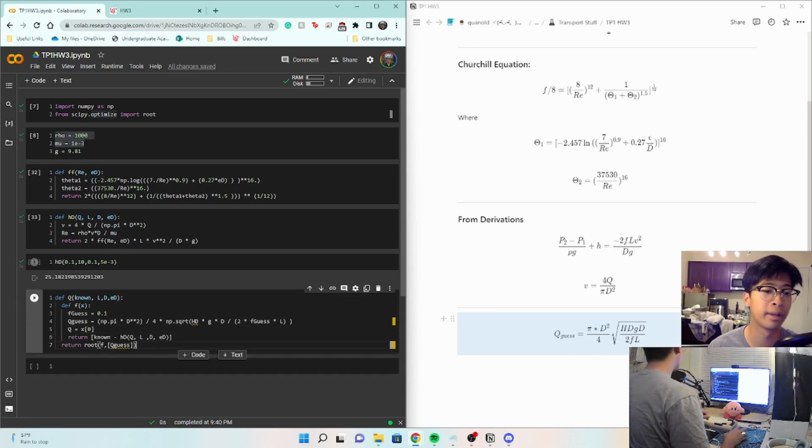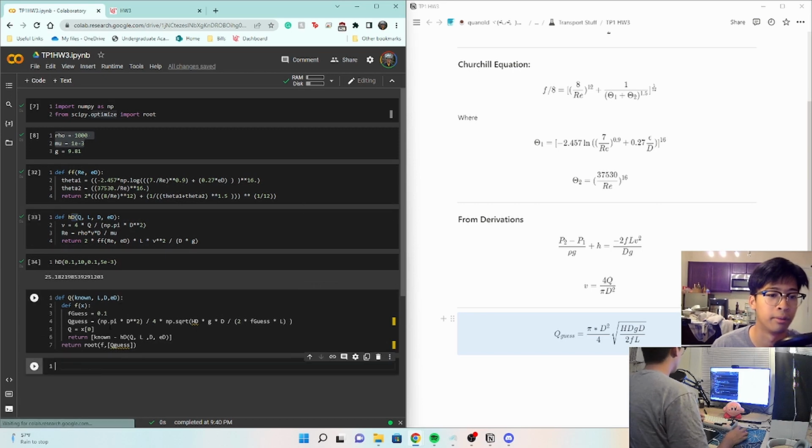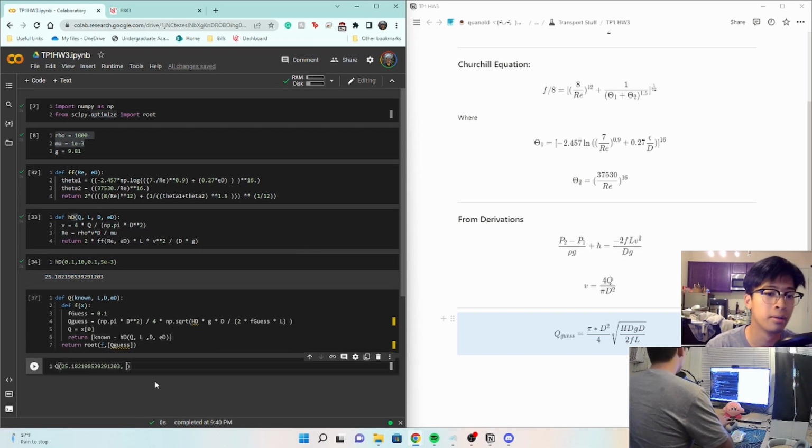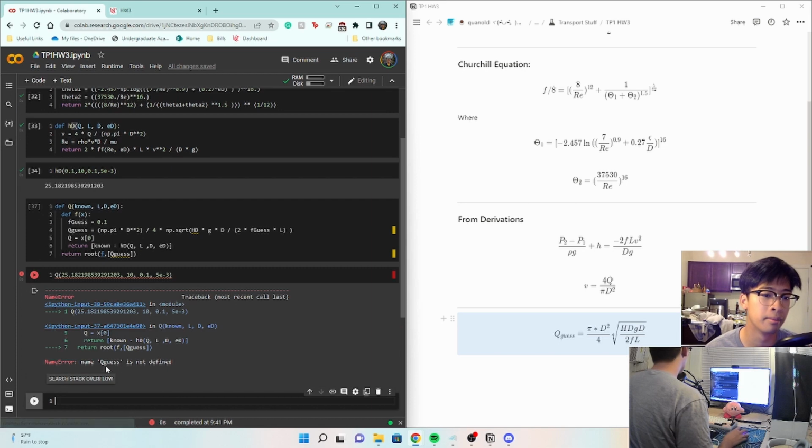So to make sure this works, this is essentially the reverse of the head drop function, right? So we want to go off and input that for our known, then 10 and 0.1 and 5e-3, and we should get something close to 0.1.